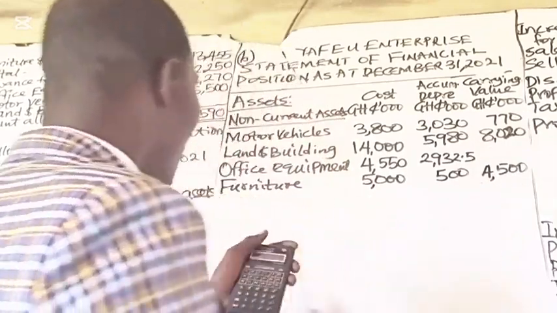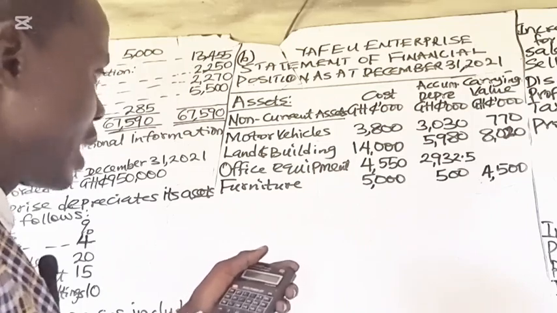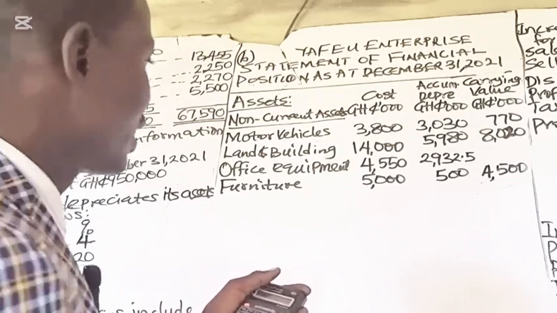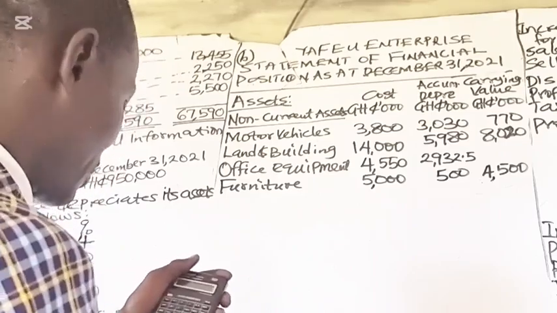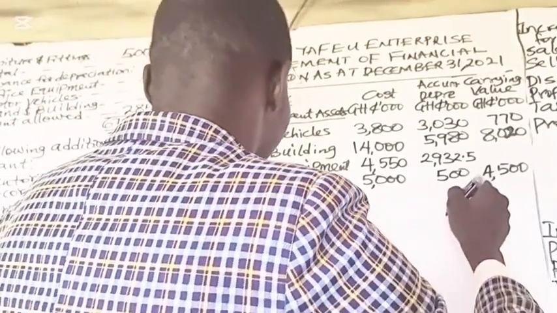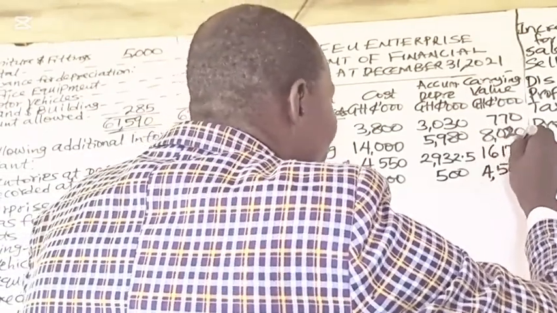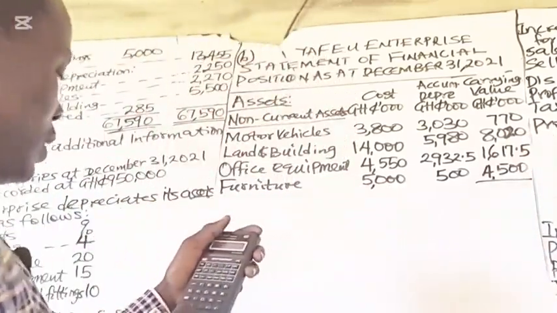Then for office equipment, 4,550 minus 2,932.5, that gives us 1,617.5.